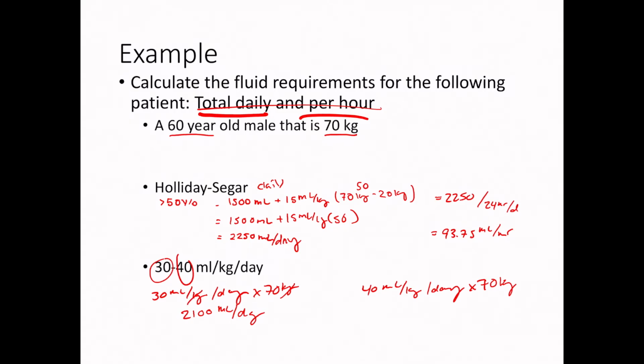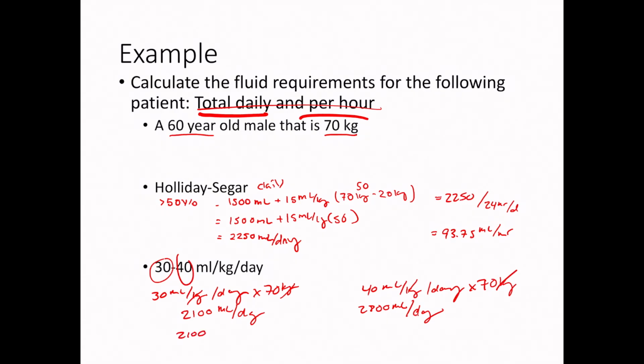Kilograms are going to cancel out, right? Or 2,800 milliliters per day. Again, the kilograms cancel out. You'll see here that this range kind of falls within that Holliday-Segar equation as well. So I did ask for the per hour, so let's see what the per hour is.